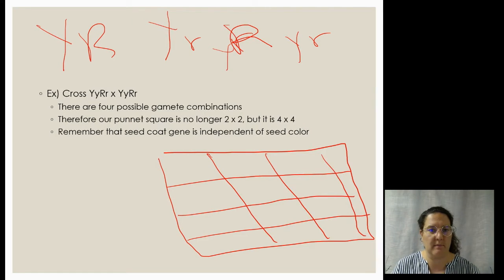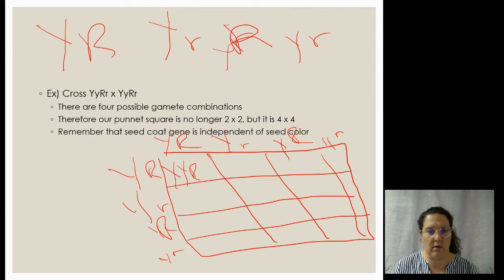Those are going to be pretty small. We have YR, YR, YR, YR. And same for the next one. So we would have YY, RR, capital R, lowercase r.